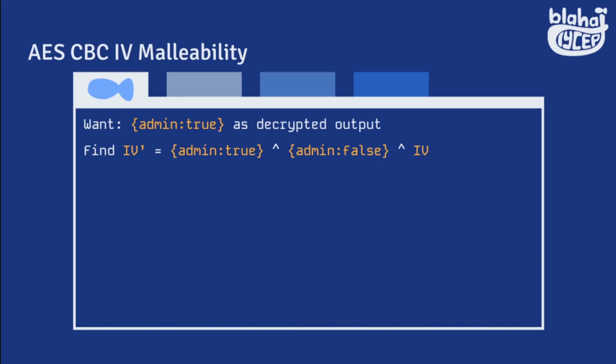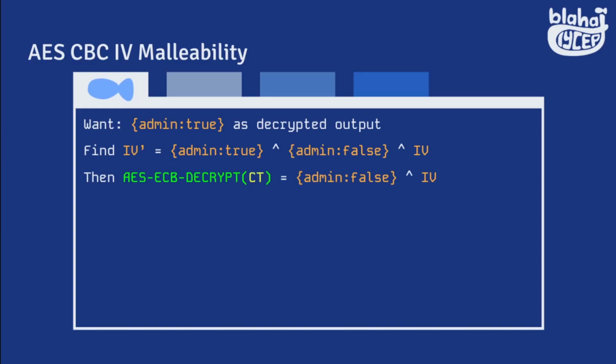In some cases we will be given the ability to change CT, but in the challenge that we have for you later, we are not allowed to do that. But it's fine because we can always change the IV. So IV prime. We know this, we want to change this. Can't we just change this? Well, of course we can.